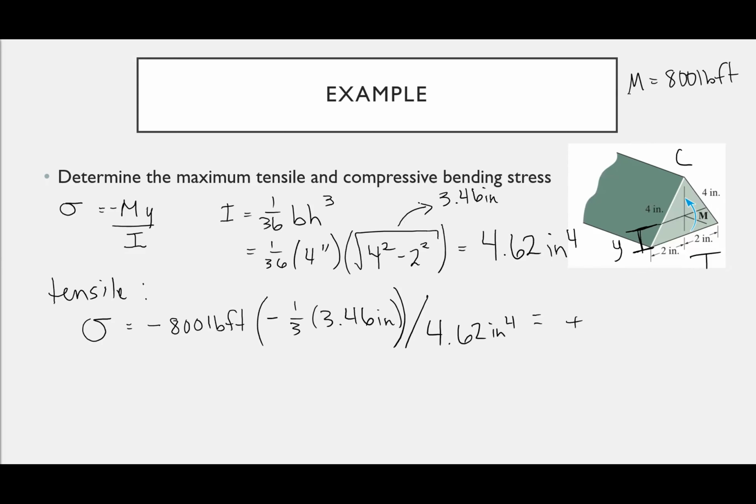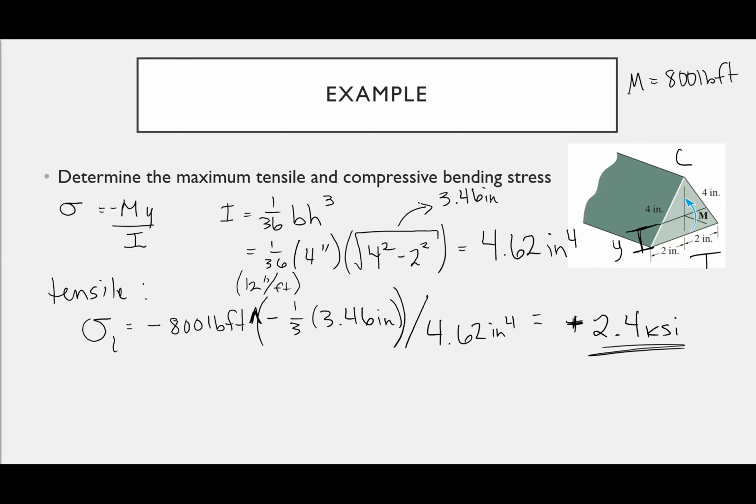And it's not 4.8, excuse me. It's 2.4 KSI. That number is correct, but there's a unit conversion problem in here. I have pound-feet and I multiplied it by inches. This needs to have 12 inches per foot. So that 12 is included in that 2.4 calculation.